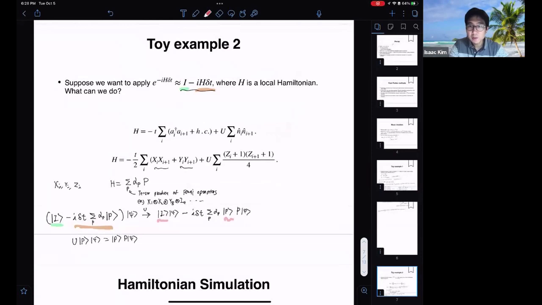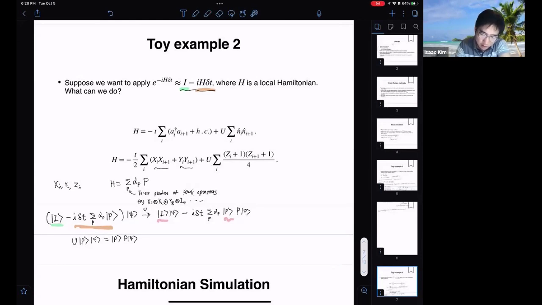So the important point here that I want to emphasize again is that it is often the case that when you write down a physical Hamiltonian, like the Fermi-Hubbard model, usually you can write this down as a simple linear combination of Pauli operators. And those Pauli operators, they are unitary operators.